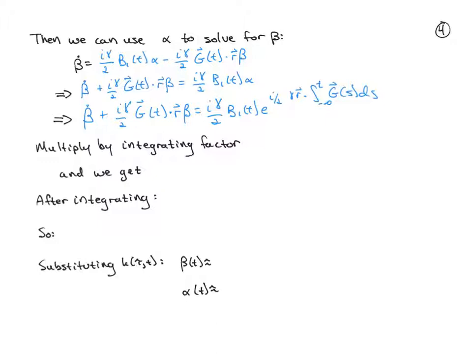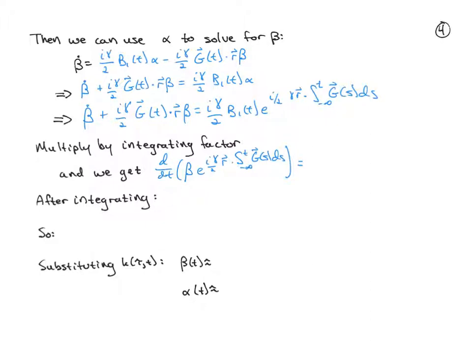So if we multiply on both sides and apply this simplification, what we will get is d/dt of beta times e to the i gamma over 2 times r vec dot integral from minus infinity to t g vec of s ds. Okay, that's the left-hand side now.